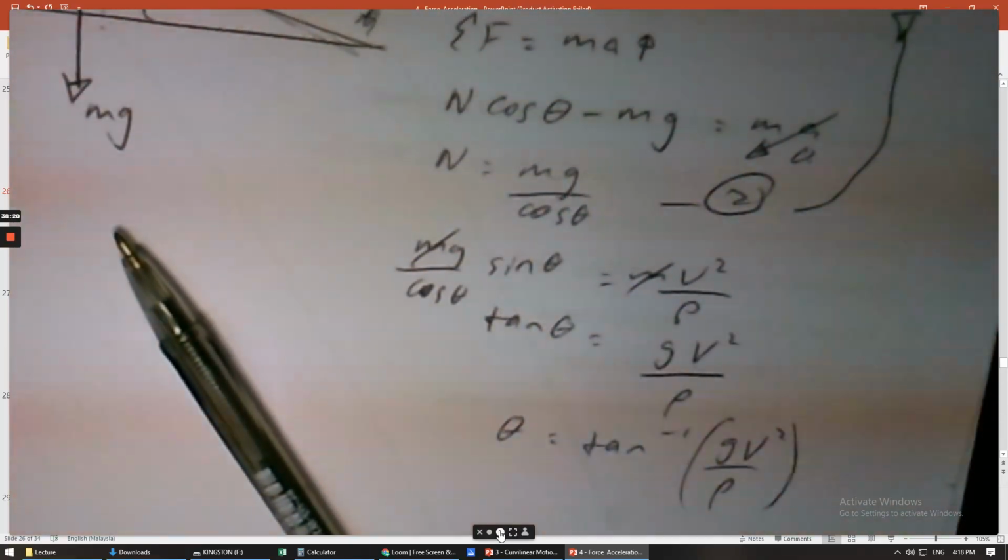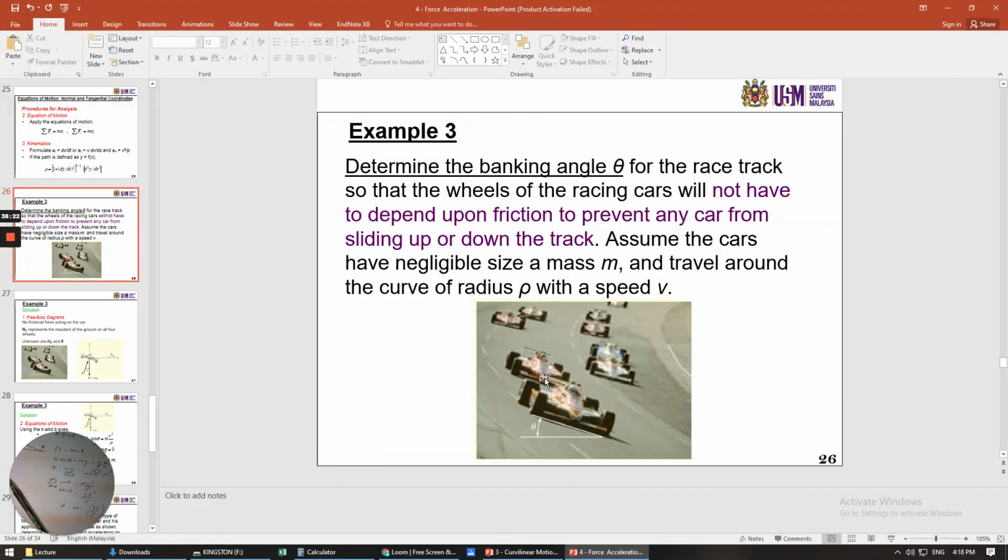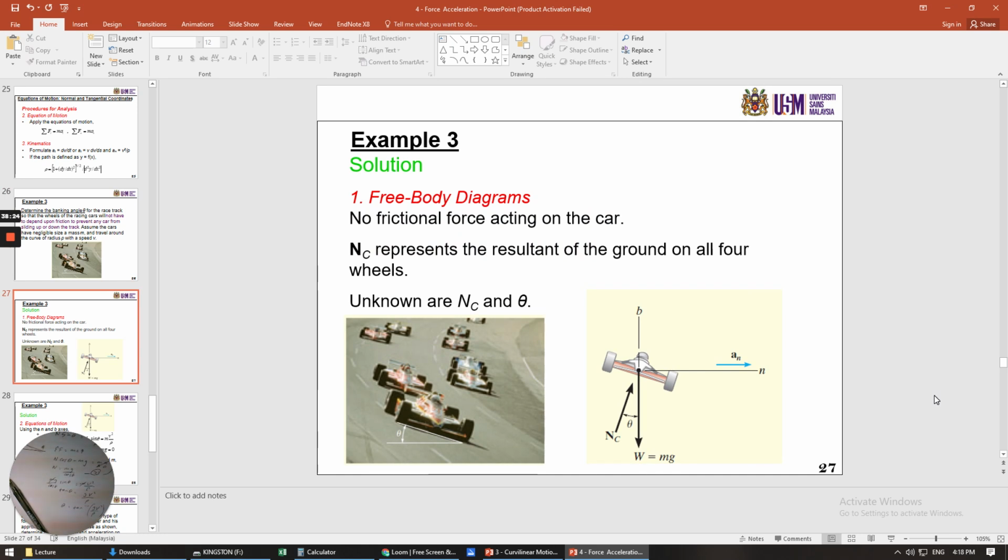Okay, let's take a look at the solution. Firstly, the free body diagram. We have NC pointing perpendicular to the ramp, and an acceleration going to the right, so there is no friction on the tire, and we do not know NC and theta.